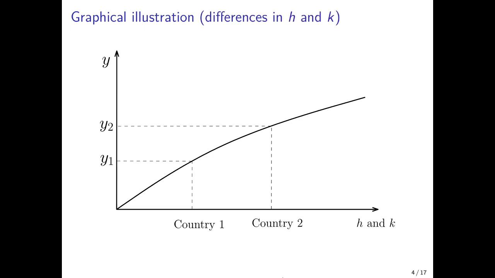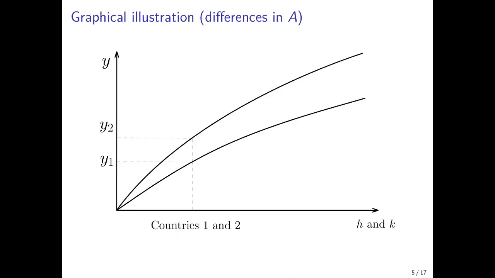Another country, country two, that we compared, came with higher levels of human capital per worker and physical capital per worker, and therefore it would be on a higher part of the production function and would be able to produce more per capita output, as it is drawn here, where country one has a lower per capita output than country two.